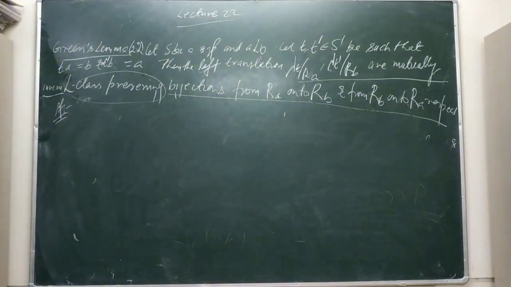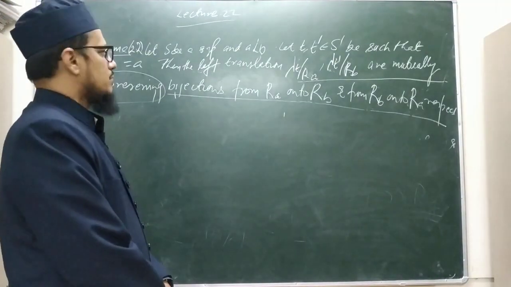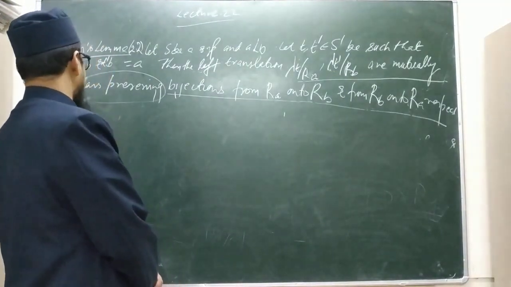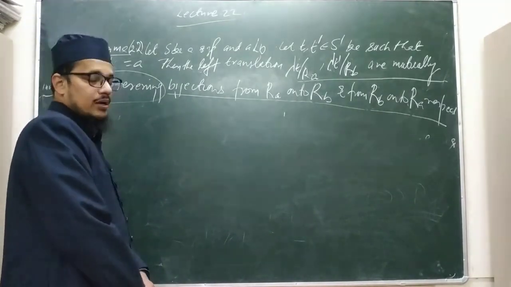So this is the dual statement of Green's lemma. That is, let S be a semigroup and A and B are related to each other. Let T comma T dash belongs to S1 be such that TA is equal to B and T dash B is equal to A. Then the left translations lambda T by RA and lambda T dash by RB are mutually inverse L class preserving bijections from RA onto RB and RB onto RA respectively.